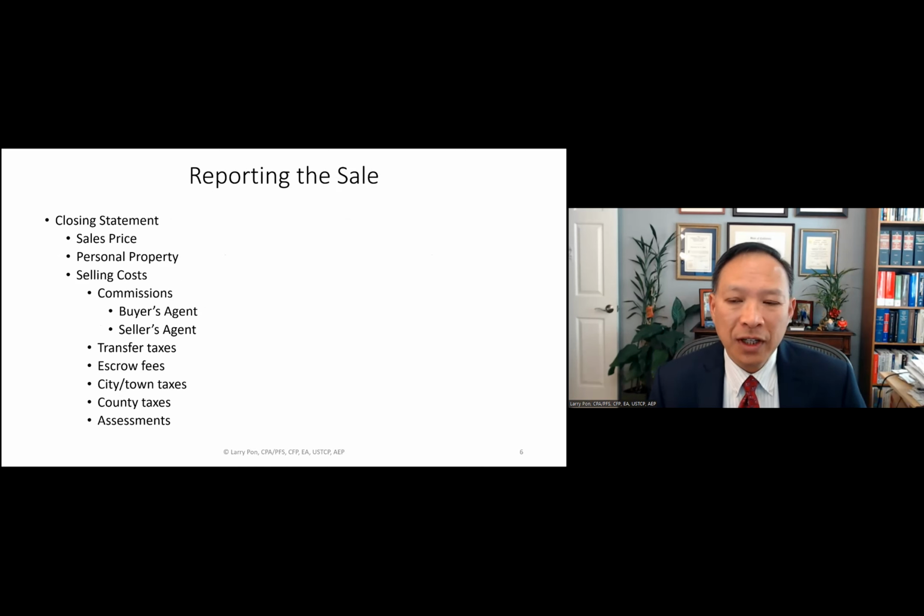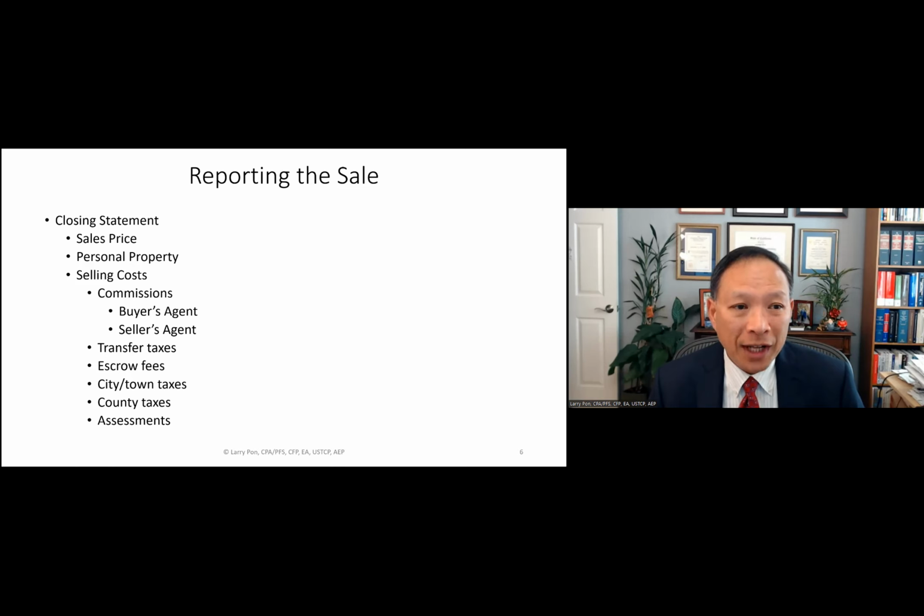In terms of reporting the sale, first of all, we start with the closing statement. It used to be called the HUD-1 statement, but now it's the closing statement. It's got a couple of columns. On the top, it shows the sales price, and there might be some sale of personal property with the sale of this house. That could be furniture, a boat, a plane, or a car.